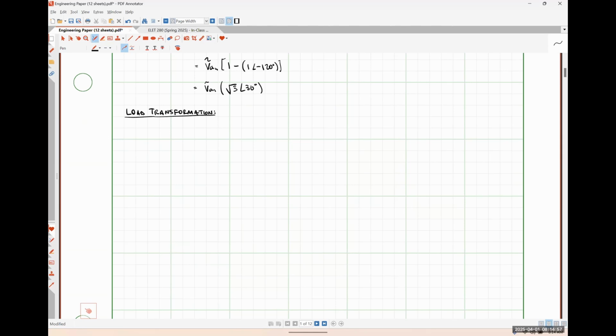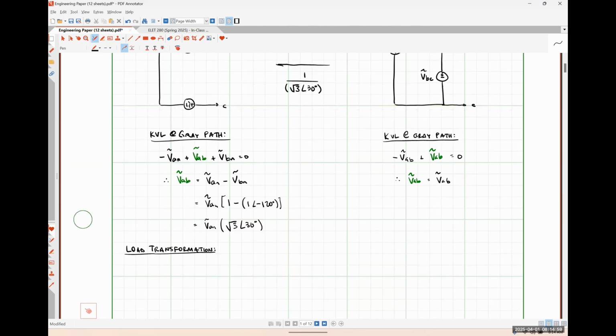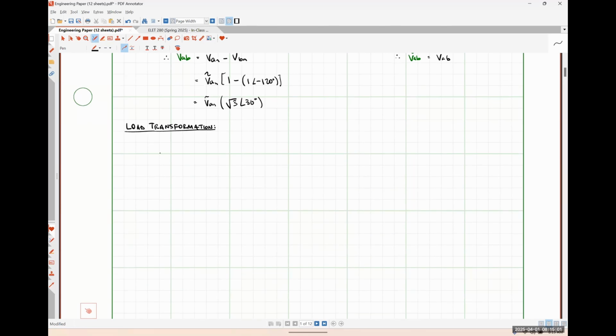Okay. So I'm going to start with a Y connected load here on the left-hand side.